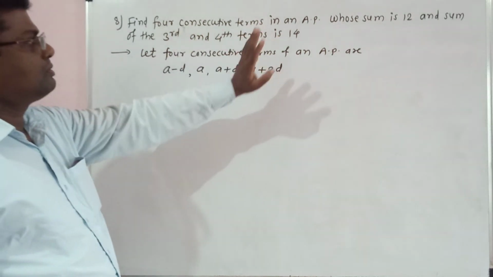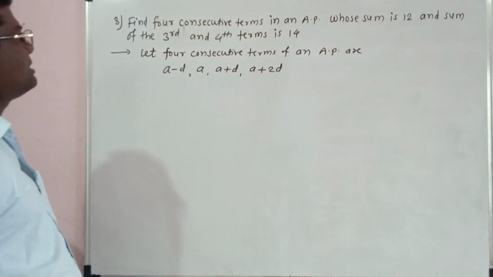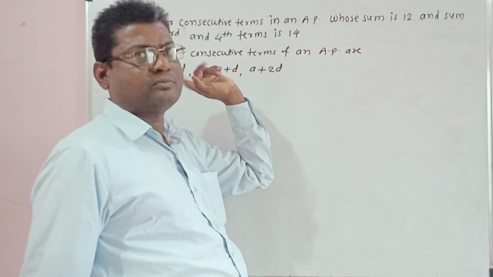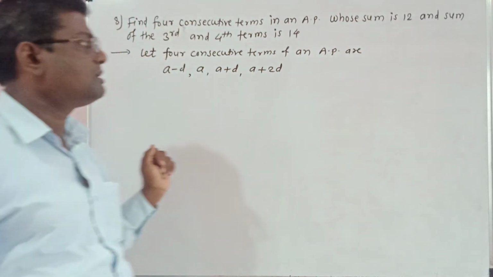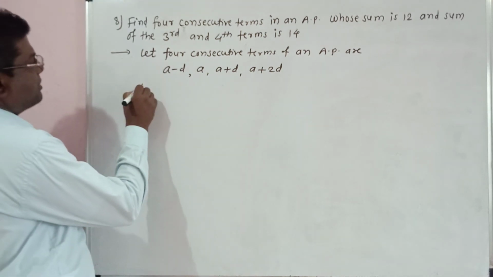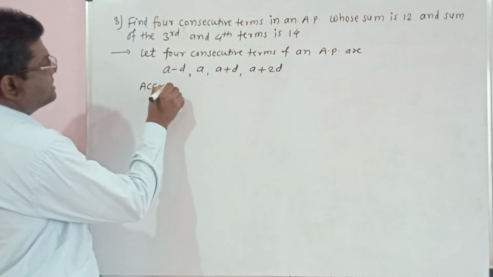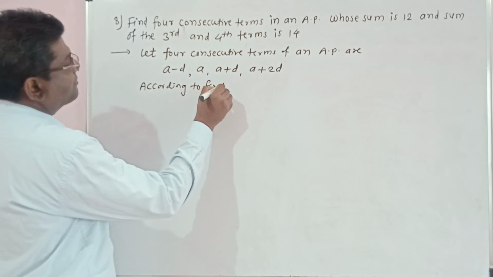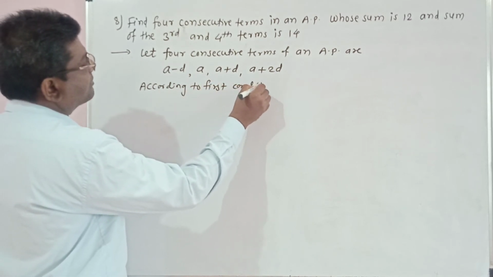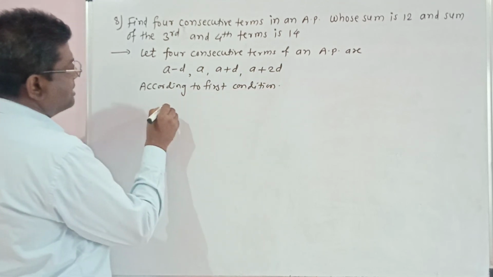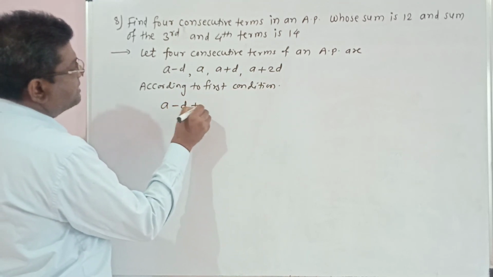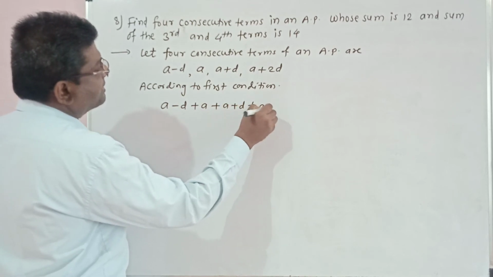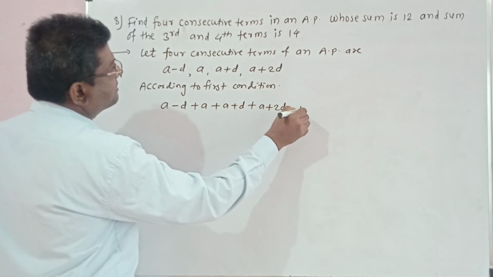Now, first condition, sum is 12, that is sum of these four terms is 12. Therefore, we write according to first condition, A minus D plus A plus A plus D plus A plus 2D is equal to 12.